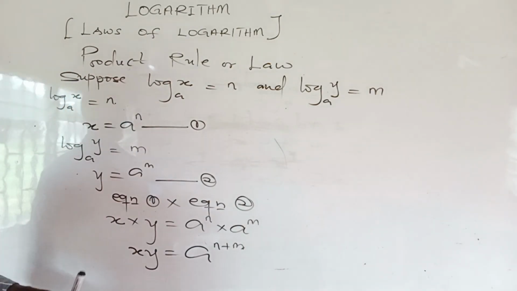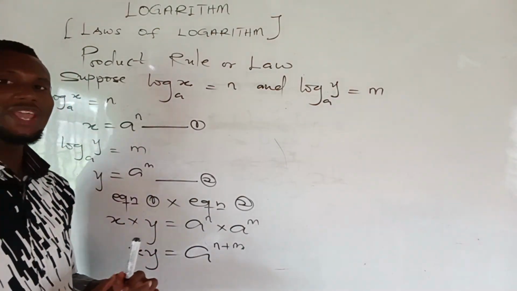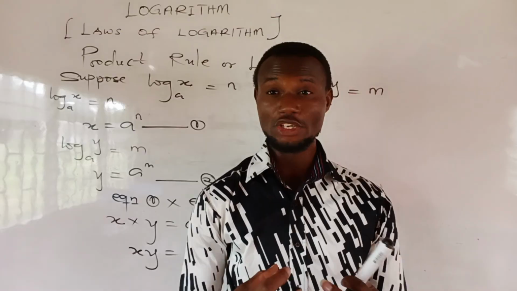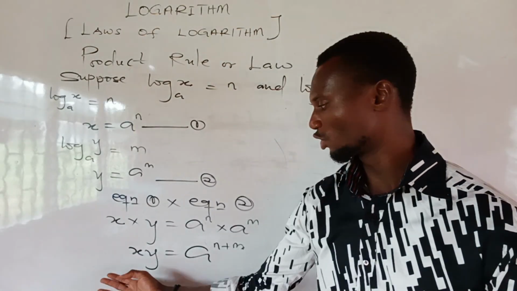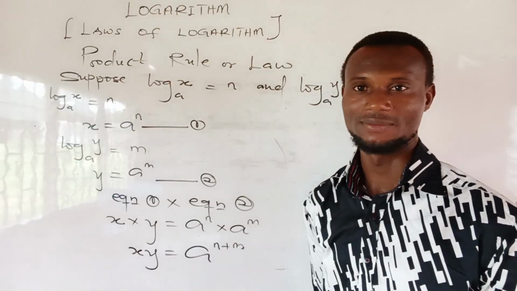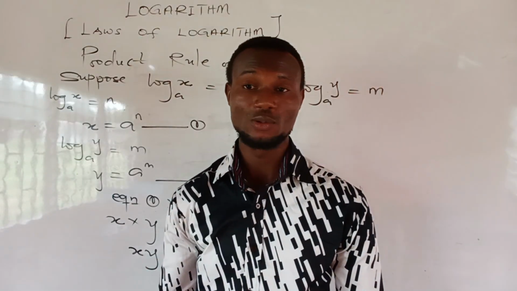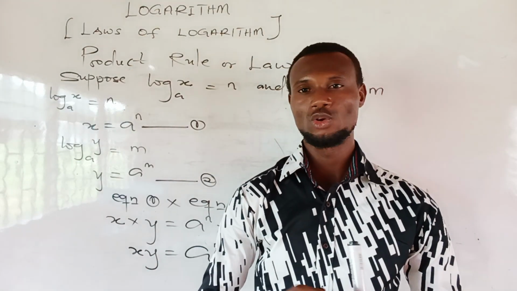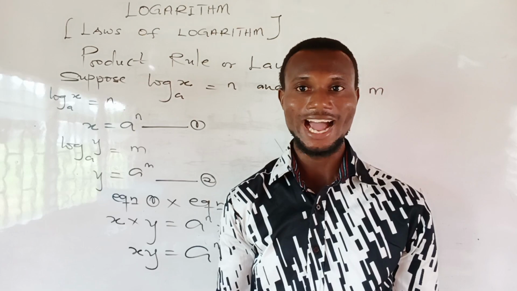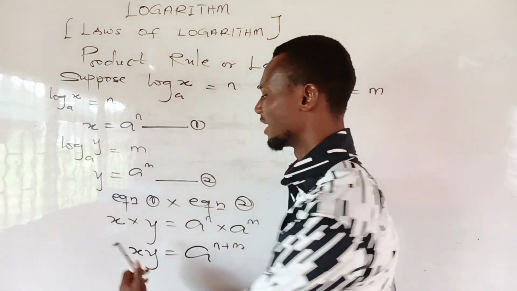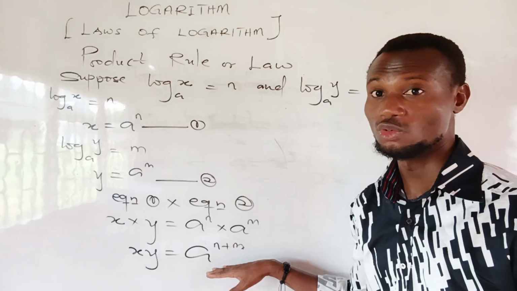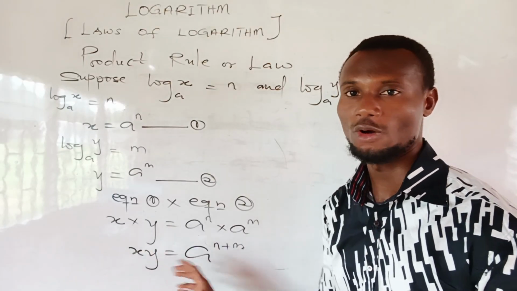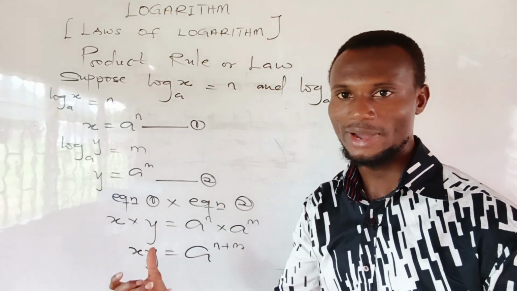Now from here we are going to introduce log. So how do we introduce log into this equation? All that we are supposed to do is to take log of both sides. Anything you do to the left hand side, you have to do the same thing to the right hand side also. So from here we need to take log of both sides to introduce our log.